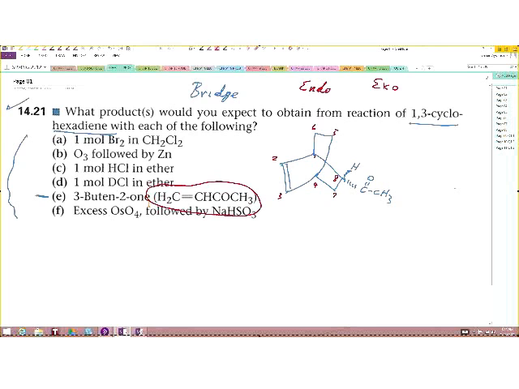Okay. Now let us do this one here, F. Hopefully this will be a review to all of you. Okay, we have step 1, osmium tetroxide, followed by sodium hydrogen sulfide.